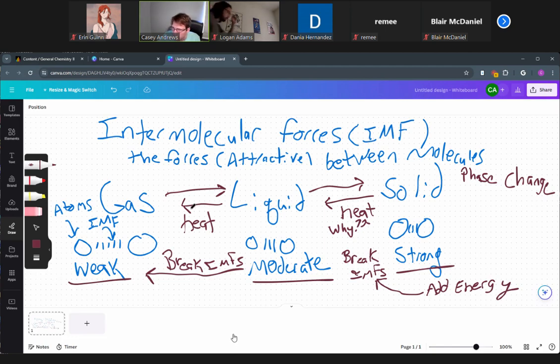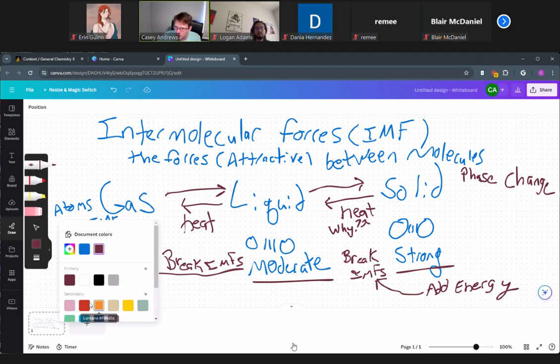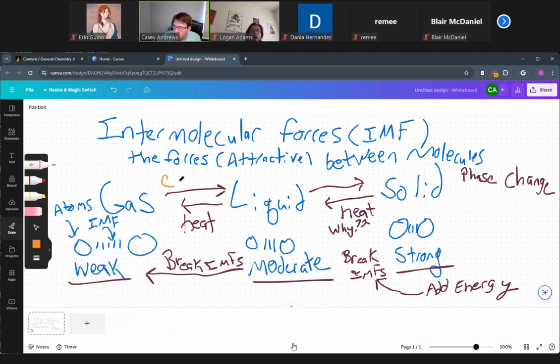Let's go in reverse though. Let's say I want to go from a gas to a liquid or a liquid to a solid. Well, for that, I need to cool down my temperature, right? I need to remove heat, basically. If I want to make ice cubes, I stick them in the freezer.